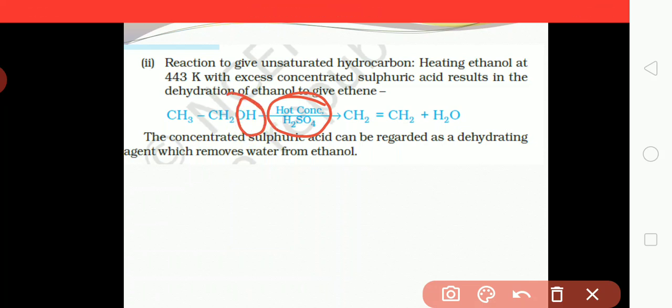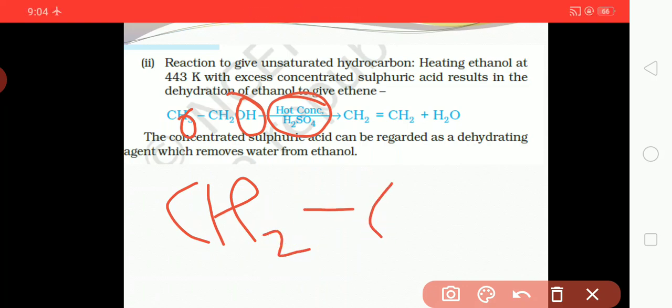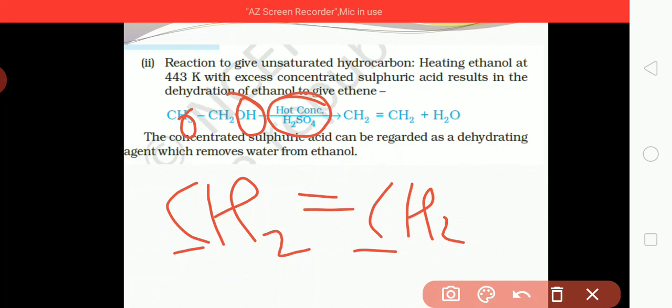Here, OH will be removed from one carbon and H is removed from the other. Then CH2 is bonded to CH2, but in this carbon and this carbon only two valencies are satisfied. So for stabilizing it, we will form a double bond between them.